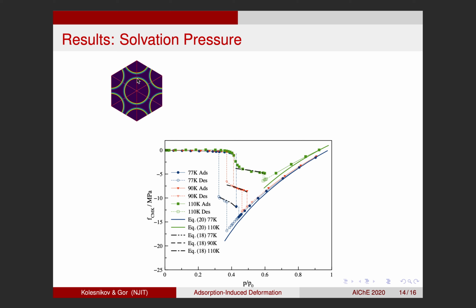They don't deform the system in these planes. So the Bangham effect is totally absent, right? We have the flat curve here. In the second region, after the first phase transition, we have liquid bridges which pull the rods together.